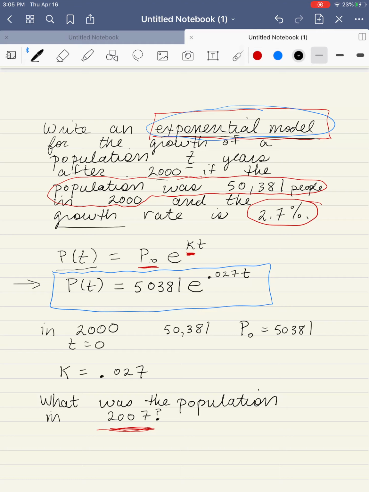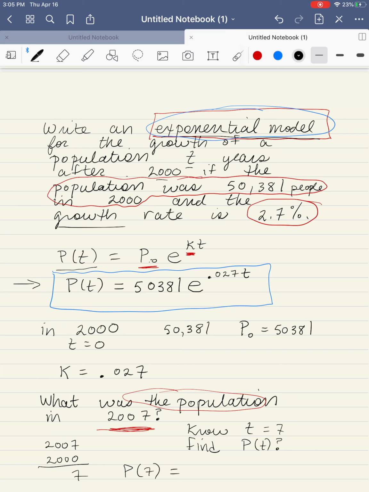What I know here is 2007 is 7 years past 2000, so I know t equals 7. And what it's asking me is, what is the population? So that's saying find P of t. In other words, evaluate P of 7 in the given formula.